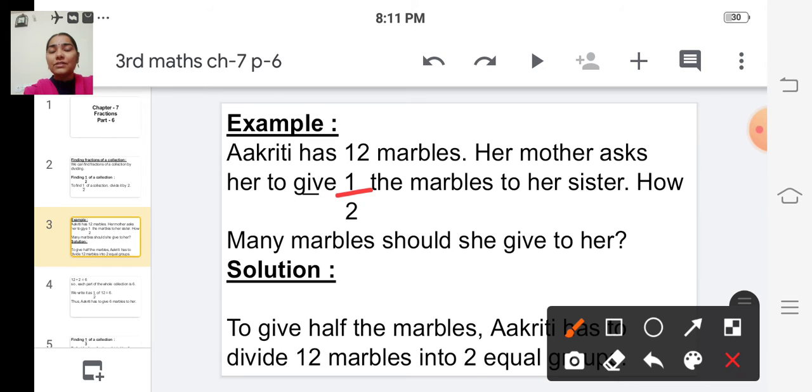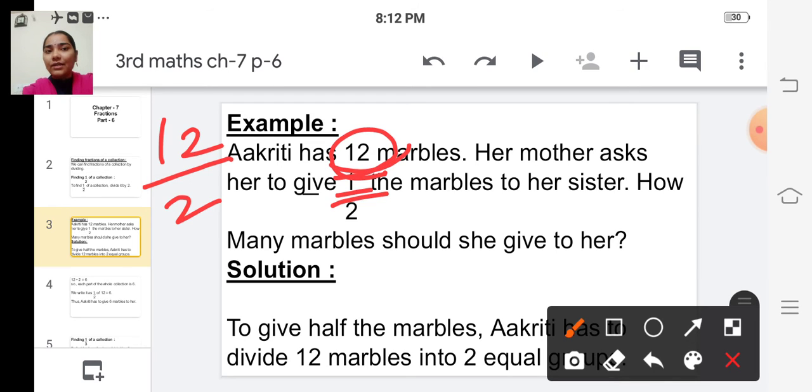She has to divide these 12 marbles into 2 equal groups. Half the marbles means we have to divide the whole by 2. We are going to find out half of a collection, then we have to divide the whole by 2.